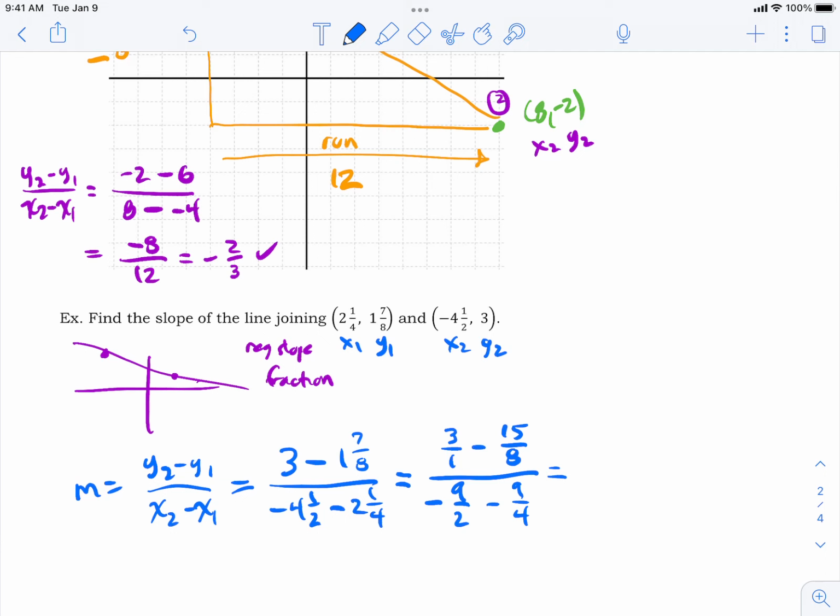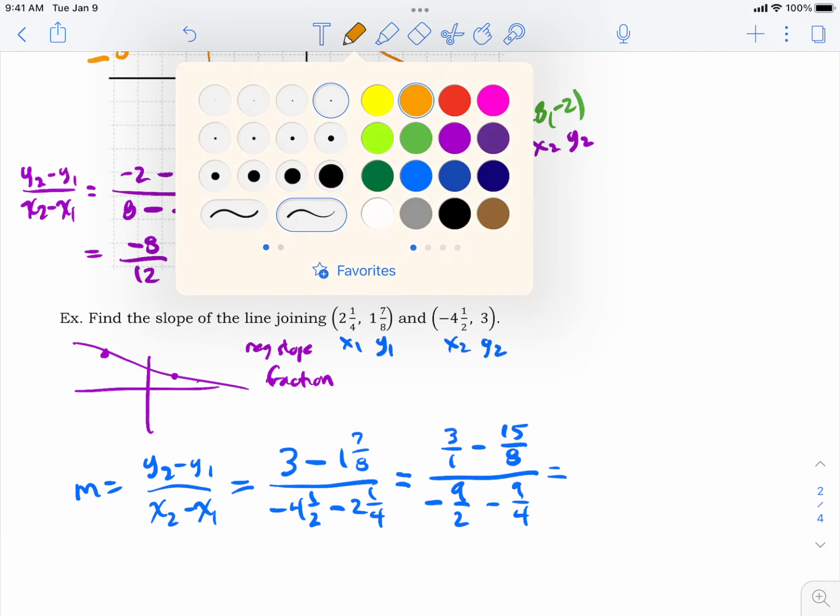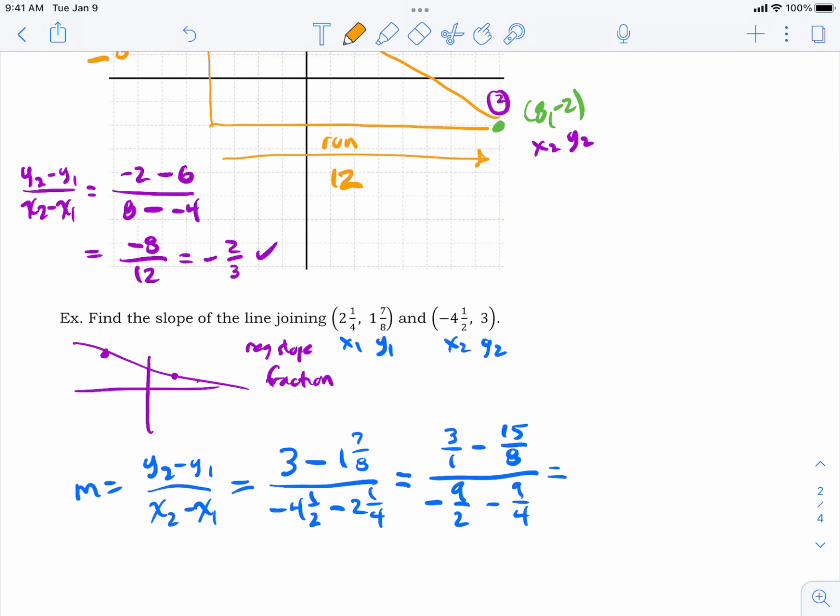Now's the part where you need your common denominators, right? You cannot add or subtract a fraction unless the denominators are common. On the top, it looks like we're going to need 8s. So I'm going to multiply this fraction by 8/8. Remember, 8/8 is the same as 1. So if you multiply it by 1, all you're changing is the way it looks, not its value. On the bottom, our common denominator is going to be 4, so I'll have to multiply this fraction by 2/2.